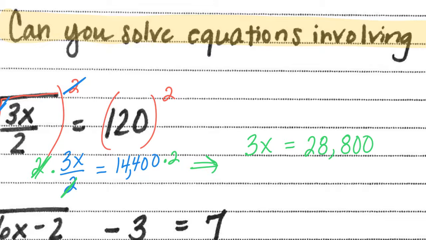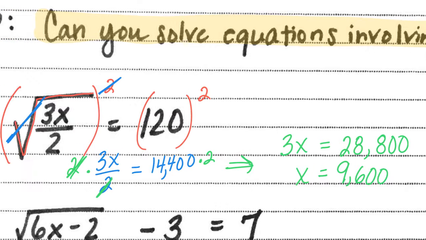And those divisibility tests might help you out, but guess what? You can use a calculator. So we're going to divide each side by 3. And I know that x is equal to 9,600.